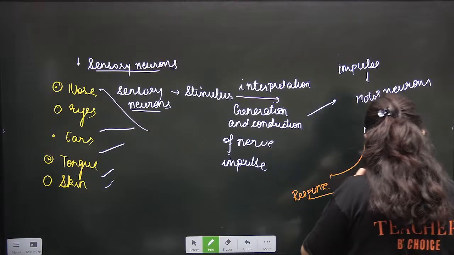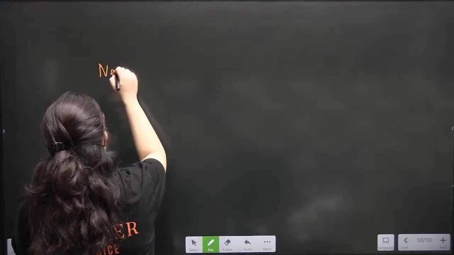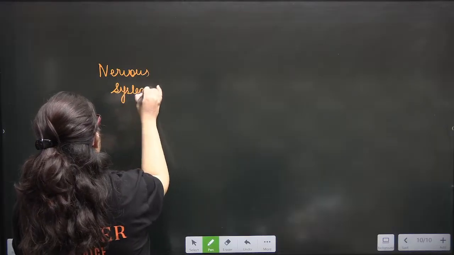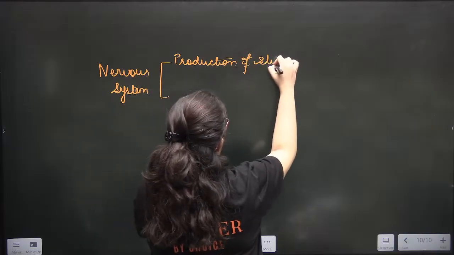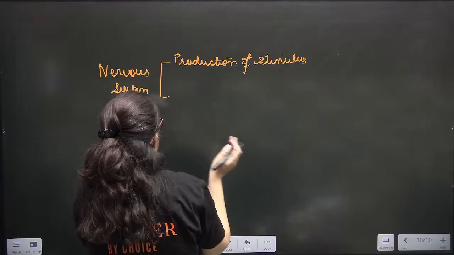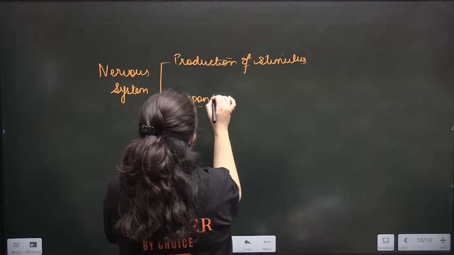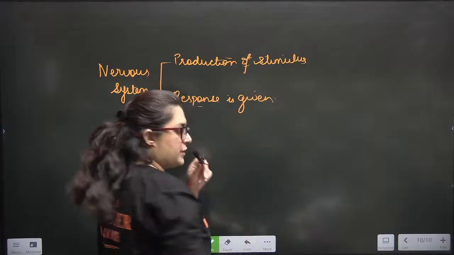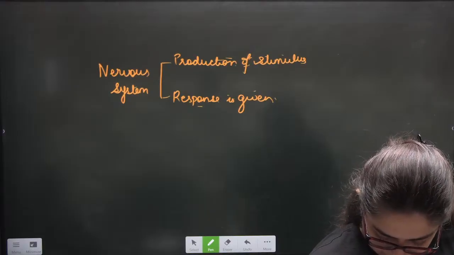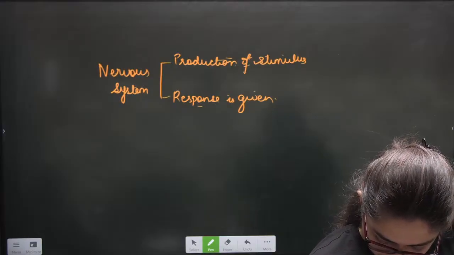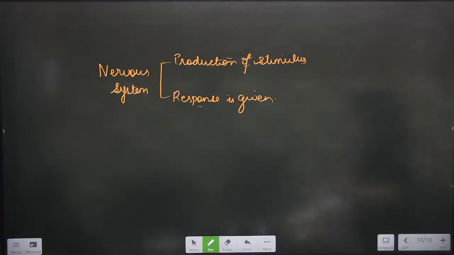So the game of the nervous system is all about the production of stimulus and then the response given. Is it clear? Any problem?